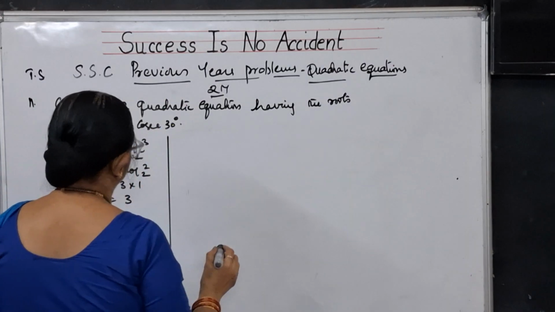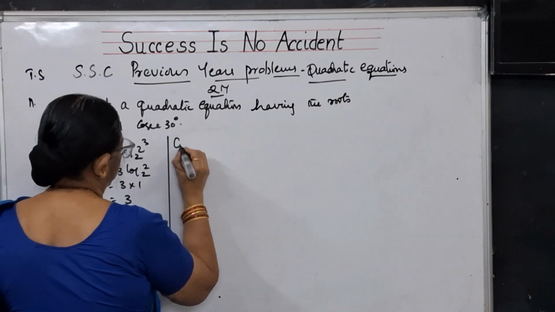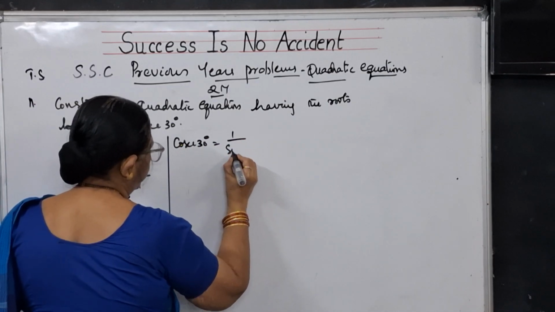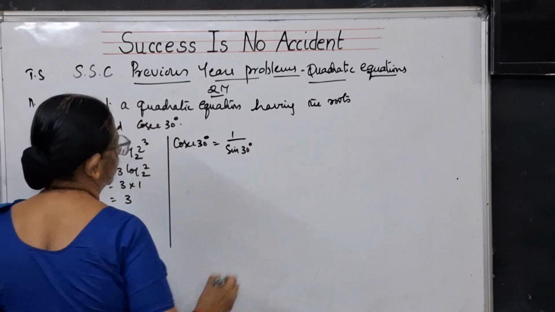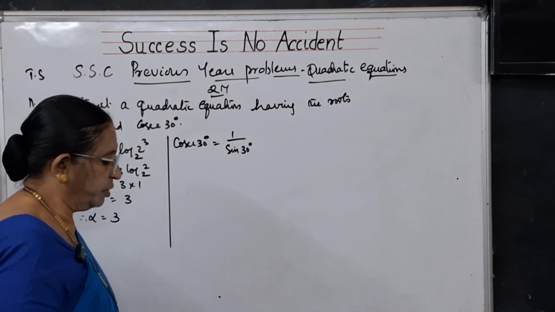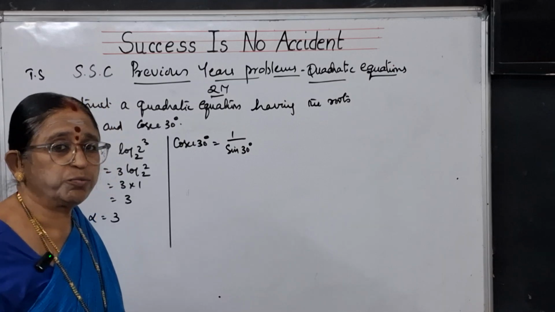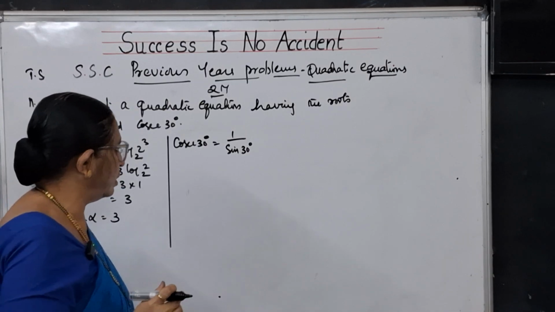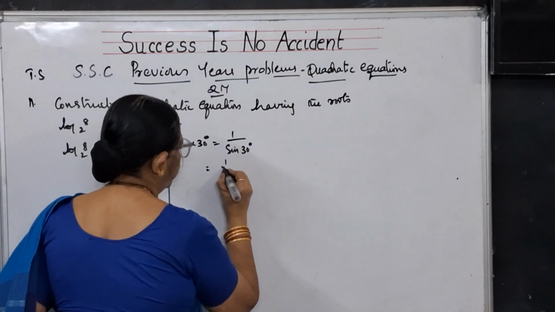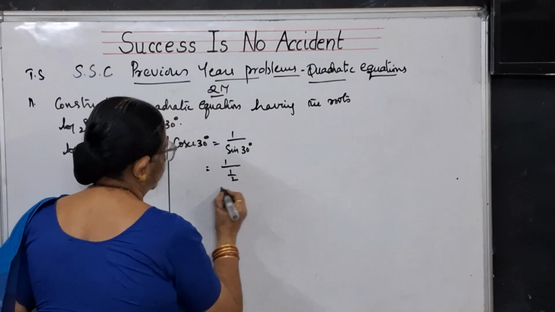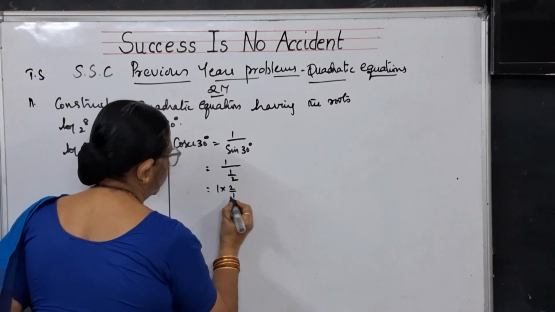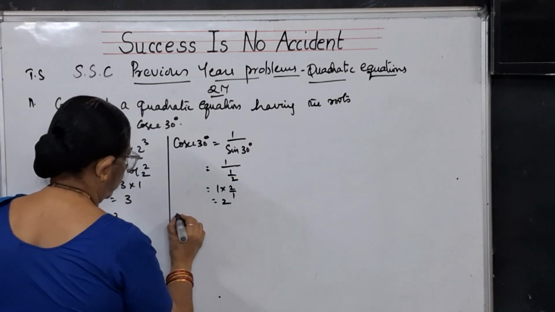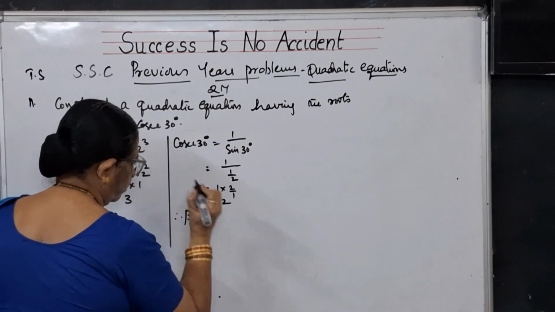Now cosecant 30 degrees can be written as 1 by sine 30 degrees because cosecant theta is nothing but reciprocal of sine theta. 1 by sine is cosecant. So this is equal to 1 by sine 30 is 1 by 2. So 1 into 2 by 1, that is 2 you have got. So beta is equal to 2.